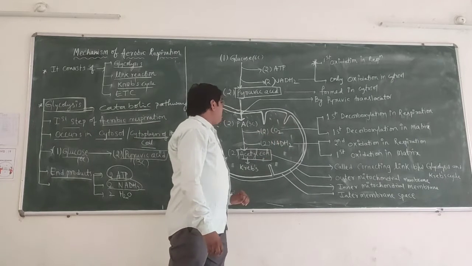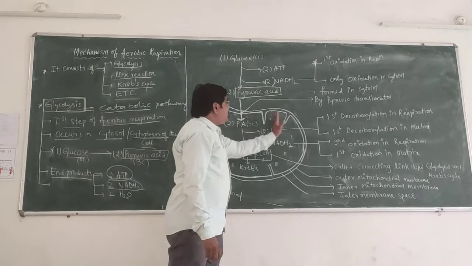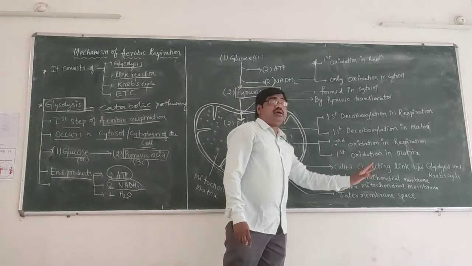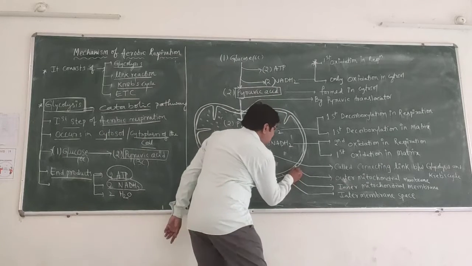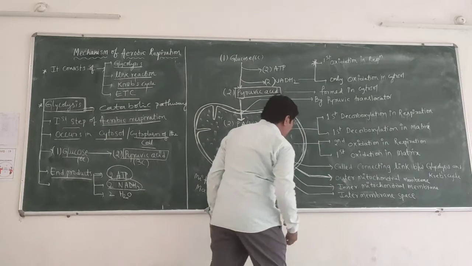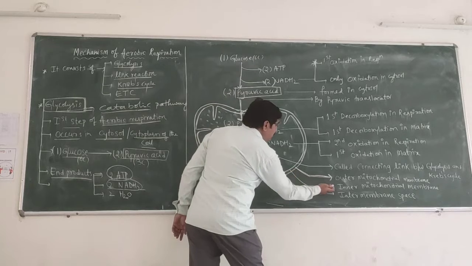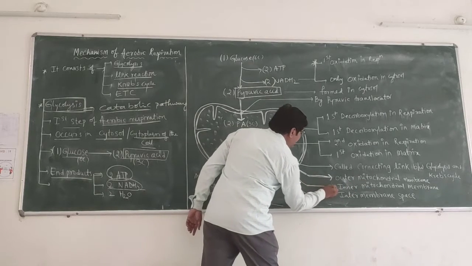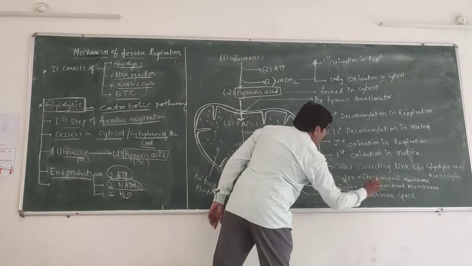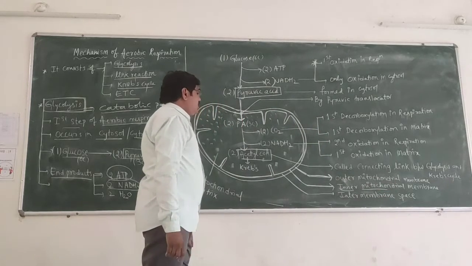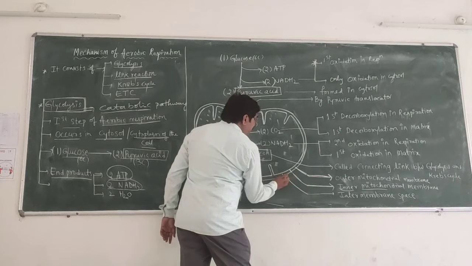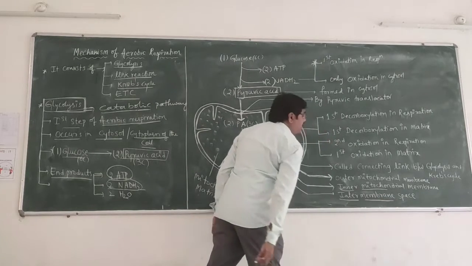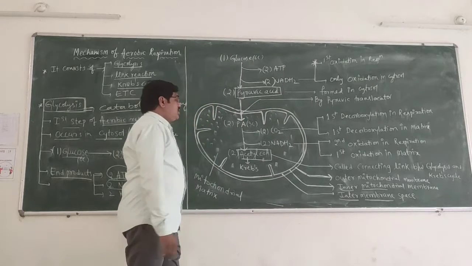The mitochondria consists of two membranes: the outer mitochondrial membrane, and one more inside it, the inner mitochondrial membrane. The space between the outer and inner membrane is called the intermembrane space.